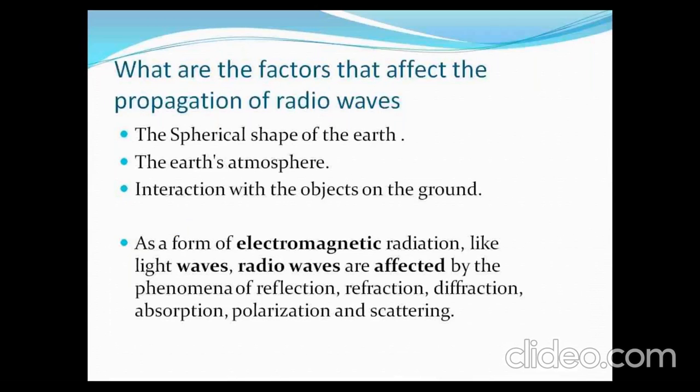Then what are the factors that affect the propagation of radio waves is another question, a 2-mark or 3-mark question. For this question you can answer: the 3 factors that affect the propagation of radio waves are the spherical shape of the Earth, the atmosphere, and interaction with the objects on the ground, the objects which come into the picture when a wave is traveling along the surface or along the path of the electromagnetic wave.